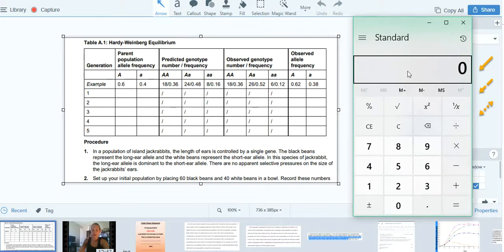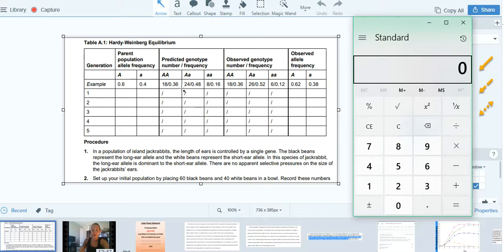Okay, so we have the predicted genotypes and number next to the frequency. So here's our homozygous dominant genotype. Okay, so it's asking me what is the math behind the homozygous dominant genotype and how many individuals in the population should come out homozygous dominant versus its frequency.